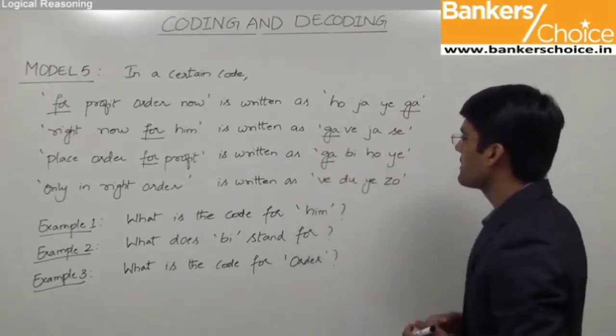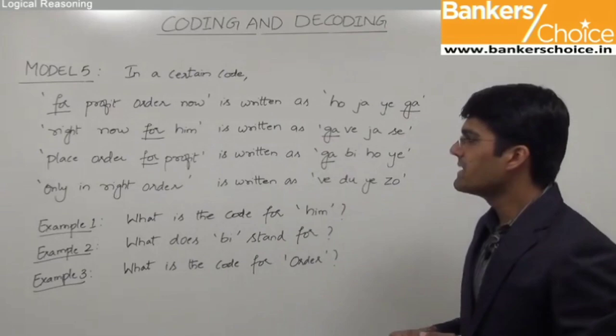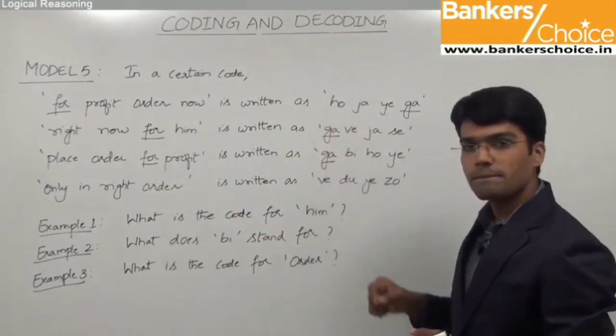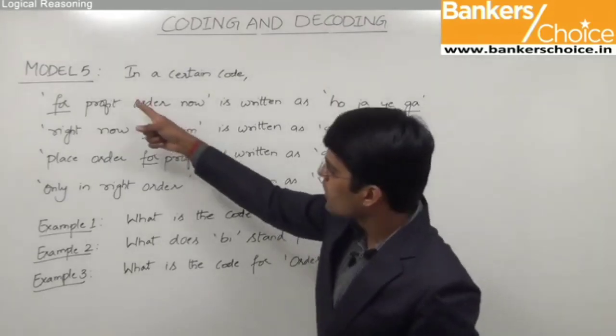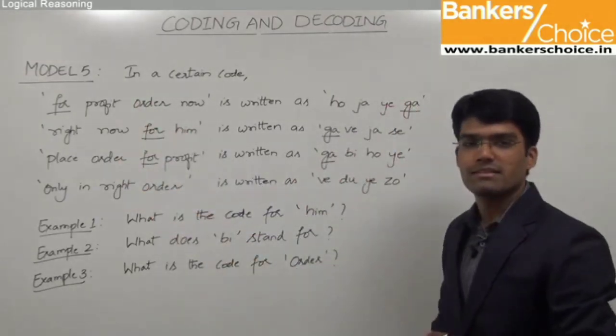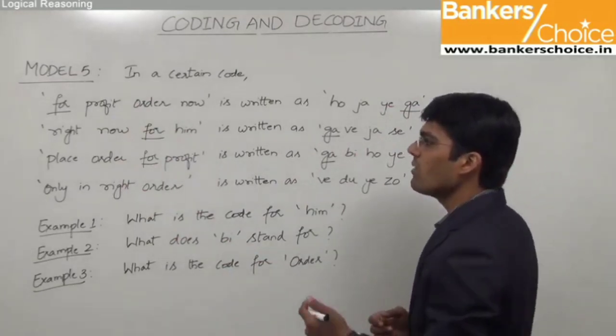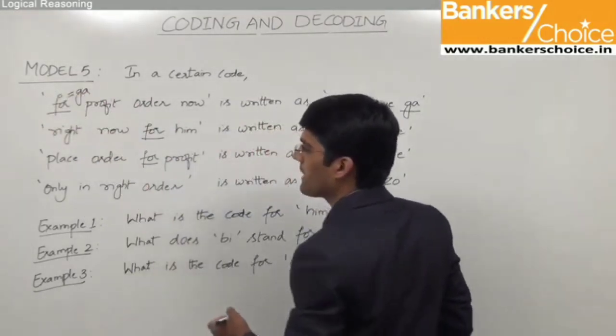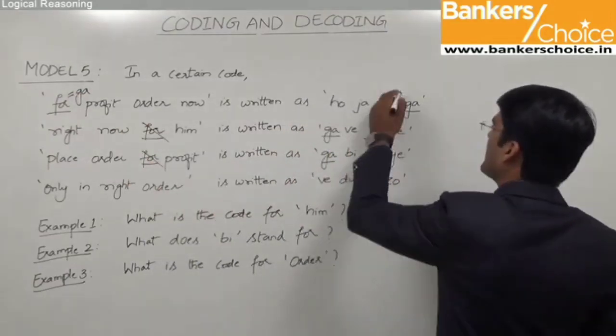So very clearly I can say that the code for should be ga, as there is no other word which is common in these 3 statements and there is nothing which is common in these 3 statements on the other side. So now I know that the code for should be ga, and let us cancel the words on the other sides.